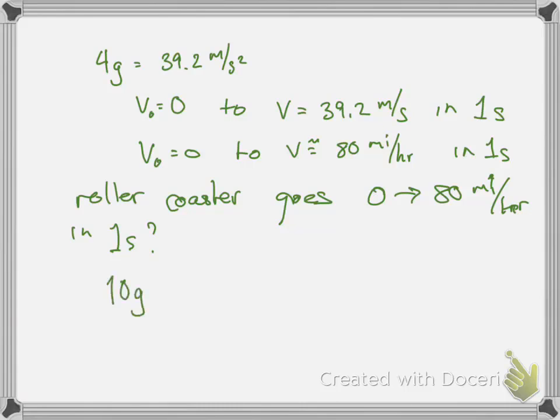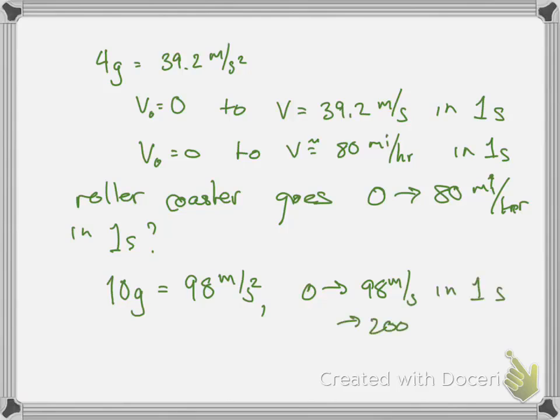A fighter pilot going 10 g's of acceleration. 10 g's is 98 meters per second squared. So that's like going from 0 to 98 meters per second in 1 second. That's going from 0 to 200 miles an hour approximately in 1 second, right? Can anything really go from 0 to 200 miles an hour in 1 second? No, you'd get crushed. That would be way too large a force.